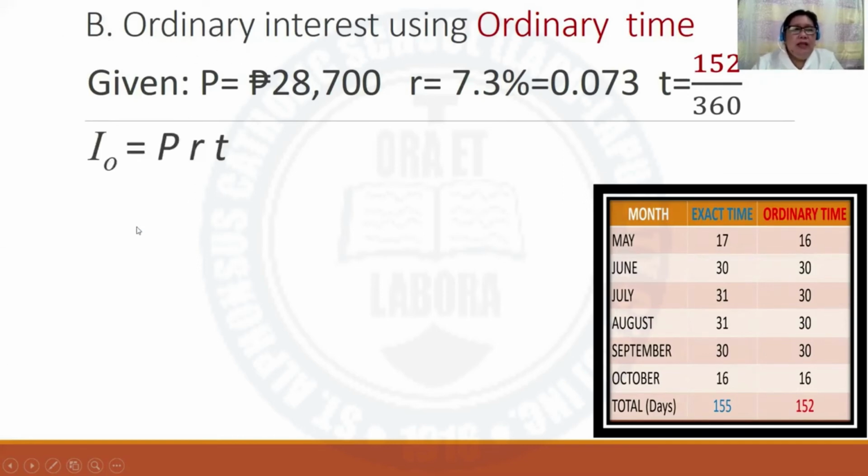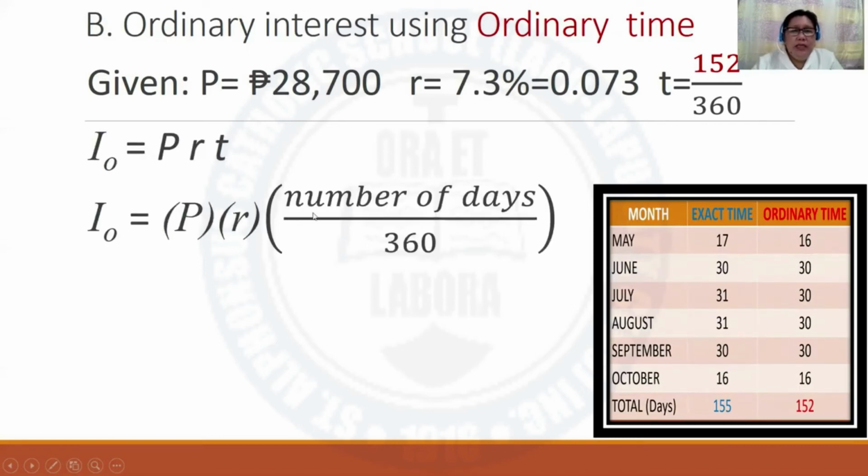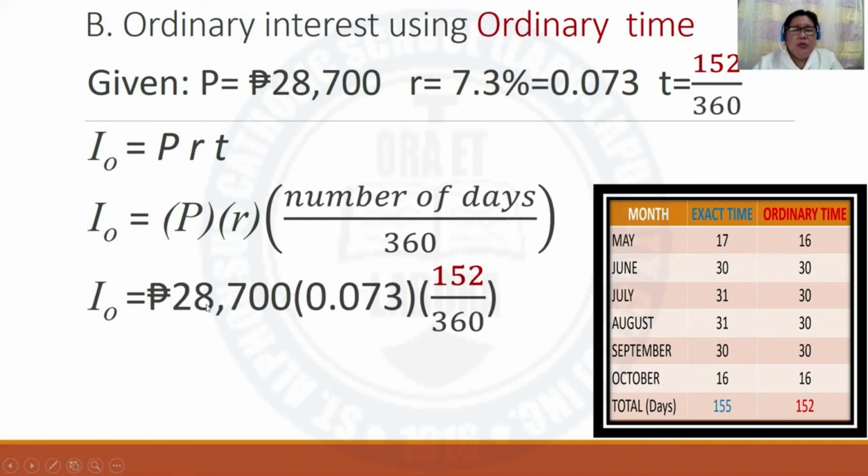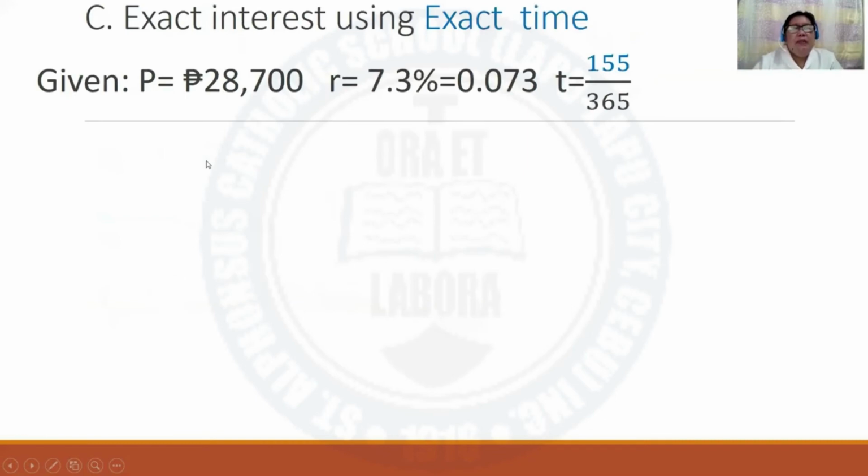So, using the formula PRT and converting T into number of days over 360, substitute 28,700 for P, 0.073 for R, and 152 for the ordinary time over 360. And the result is 884.60 pesos.